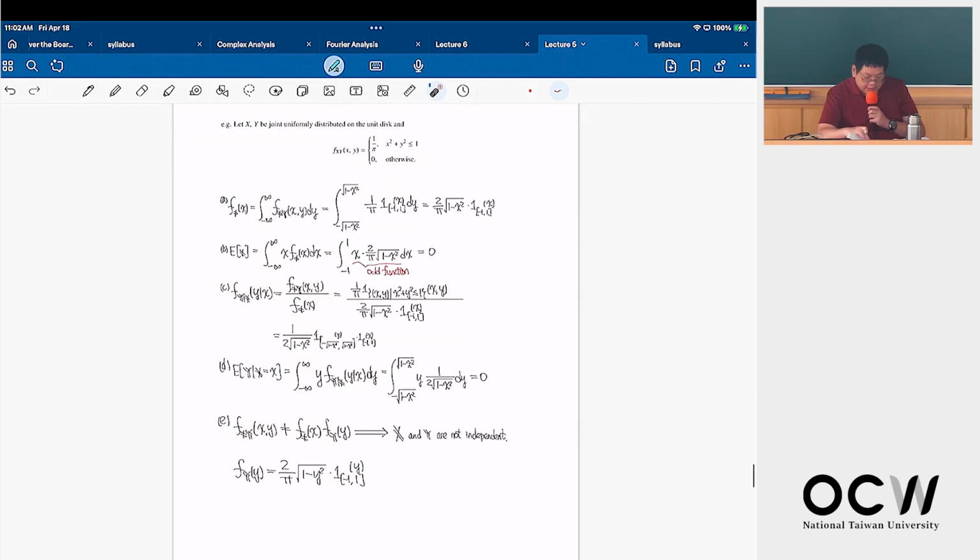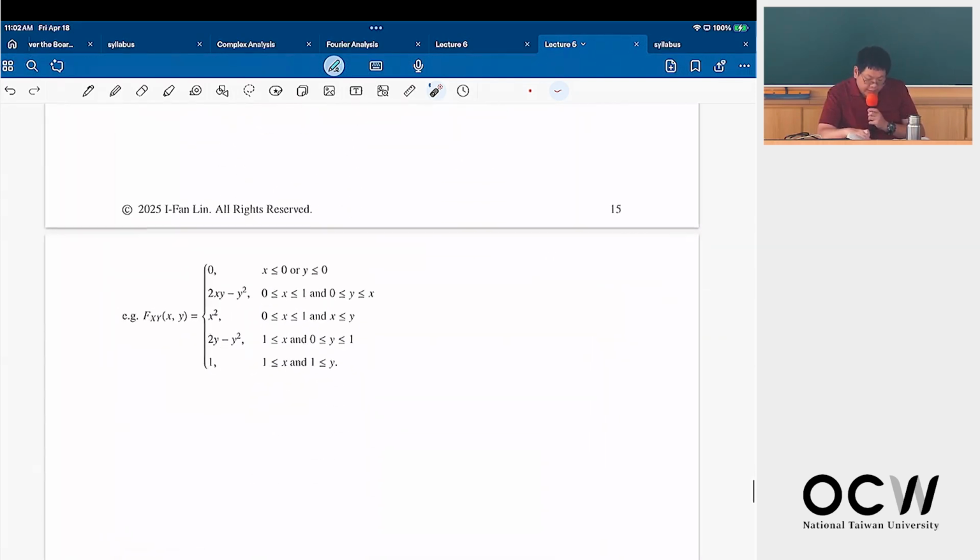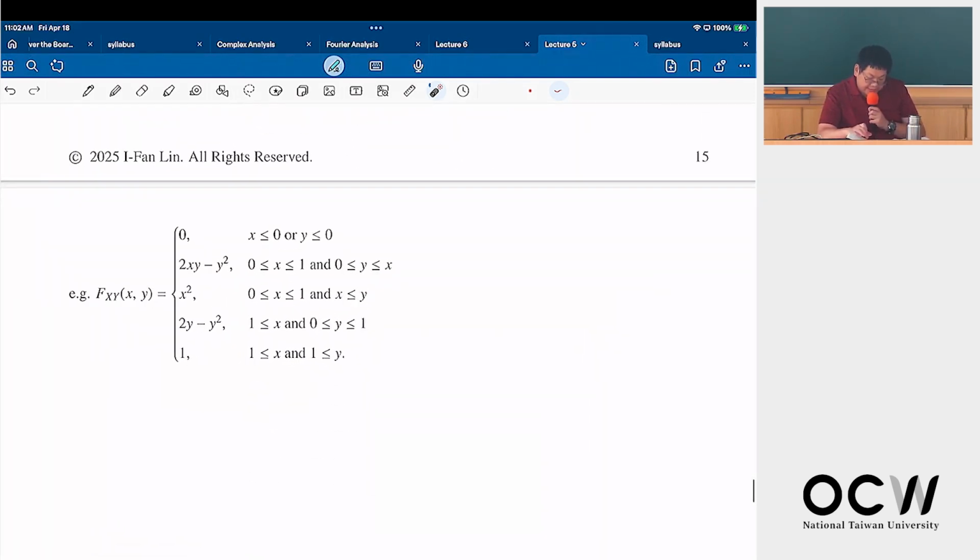Last example. I have a CDF, the joint CDF. Now through this joint CDF, first let's find the marginal CDF. CDF of x. How can I find the CDF of x if I have the joint CDF?